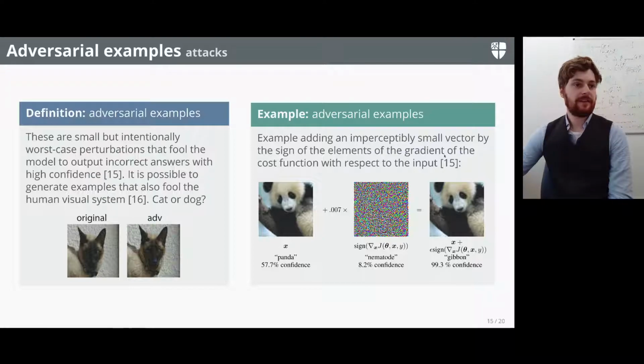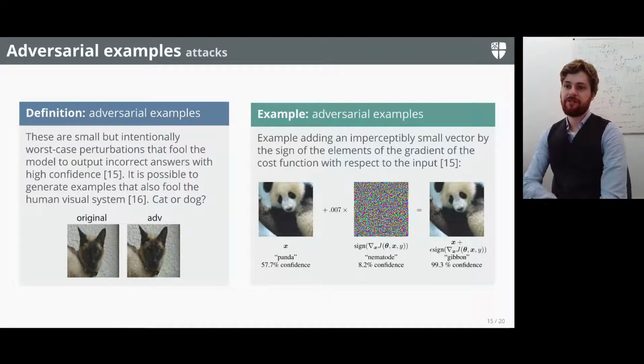And there's another quite interesting area which uses adversarial training, which is from the field of adversarial examples, or doing attacks against deep neural networks. I'm just going to read the slide here. Basically, adversarial examples are small but intentionally worst case perturbations that fool the model to output incorrect predictions with high confidence.